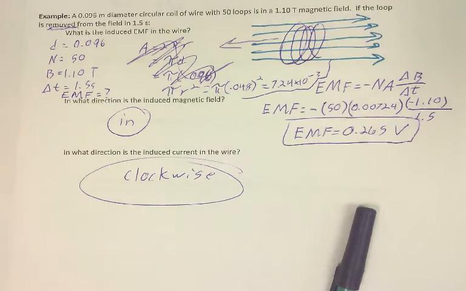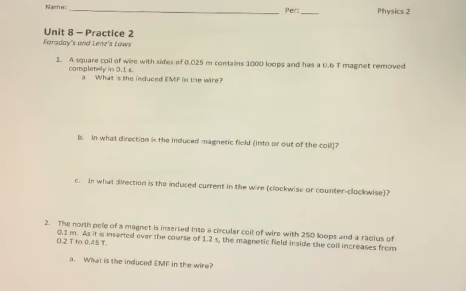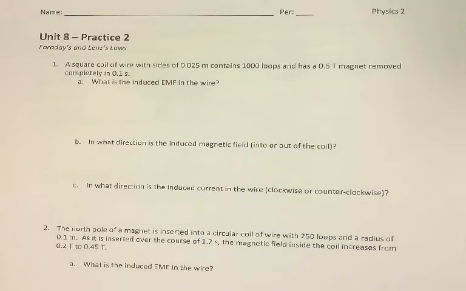Now, I know these are tricky, especially the first time you're doing them, so that's why we're going to make the practice fairly simple for today. There's only 2 problems for the practice, and that's on Schoology. You can find it on there. I have some copies if you need them. The first one says a square coil of wire with sides of 0.025 meters has 1,000 loops.